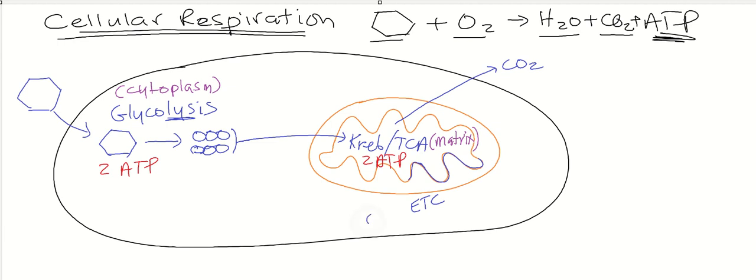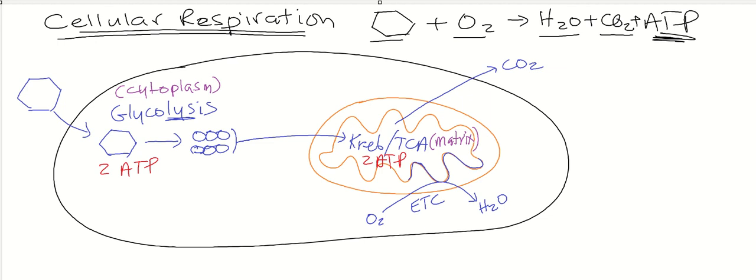That is where the oxygen that we breathe is going to get used and produces water. Again, we're not trying to make water. We're not trying to use oxygen. We're just trying to make ATP. But this is part of the process. Notice the arrow. Oxygen is going in, just like here, it's going in. So everything is consistent.